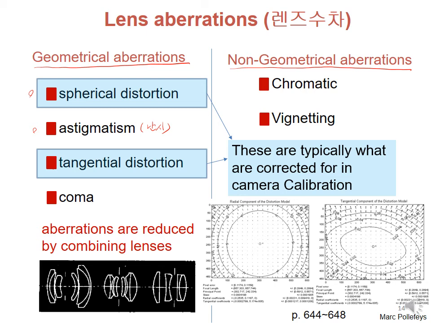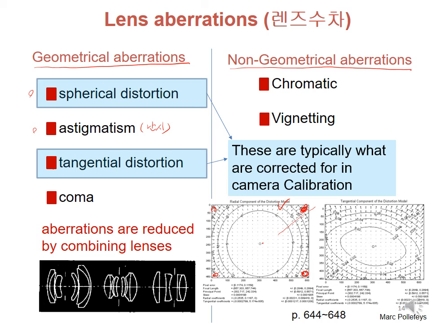The picture on the bottom left shows spherical distortion, showing that the error is smaller at the center of the image, and then the distortion increases in proportion to the radius. The biggest error occurs in the corner.